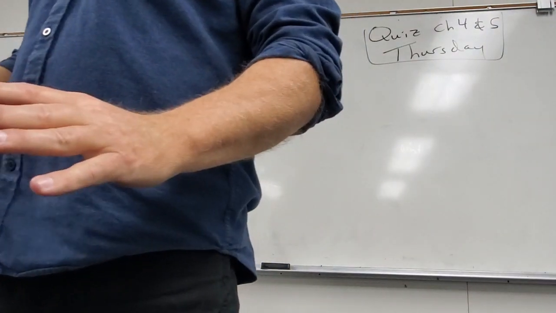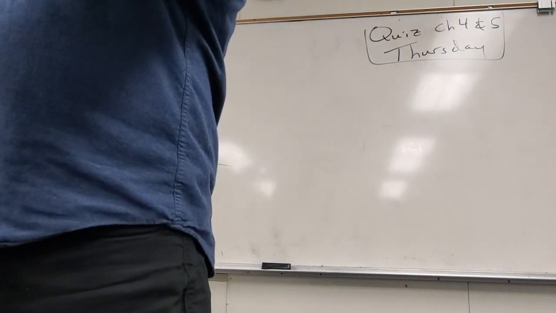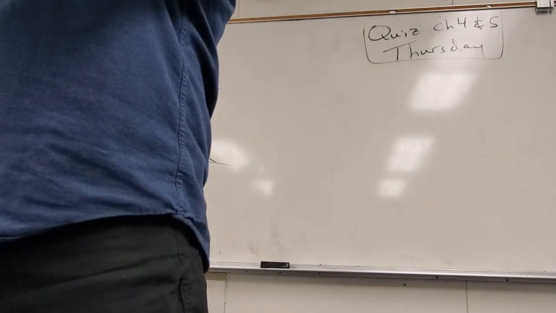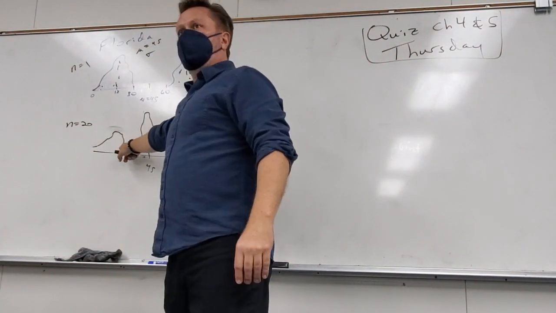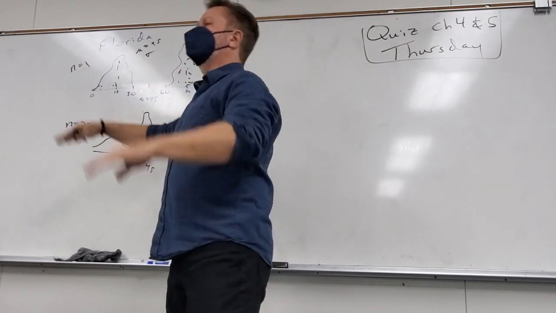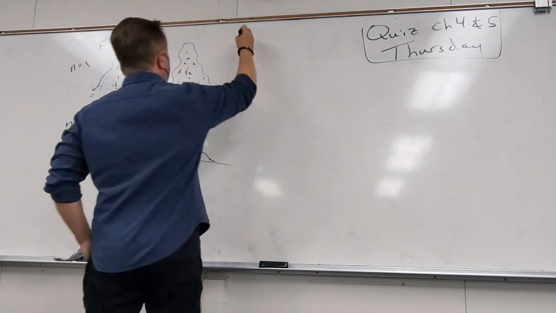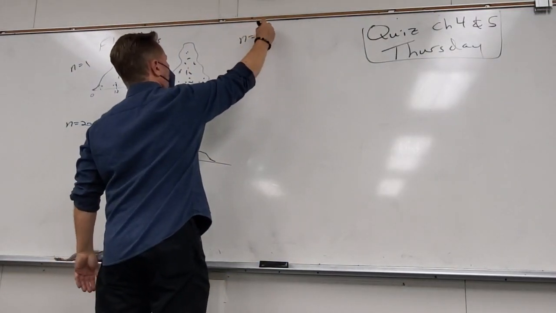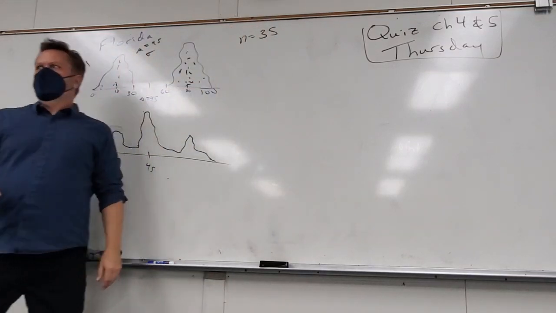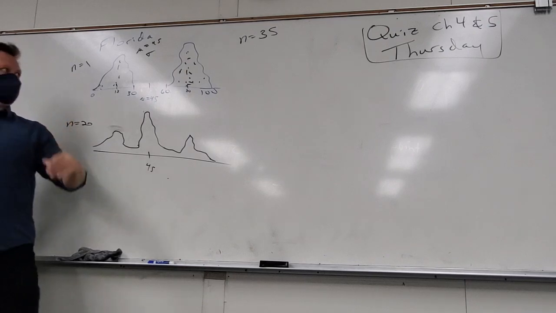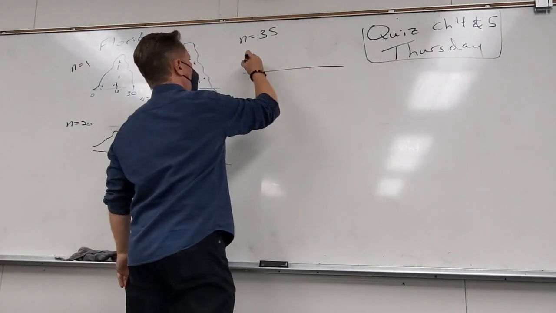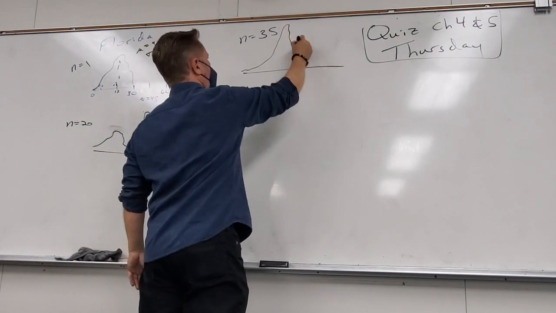Not quite yet. Or is it just that you need a bigger group? You do. And the magic number is, if you hit more than 30, so let's say we do 35, if you do a sample of more than 30 and I plot out their averages, then it'll be like this.